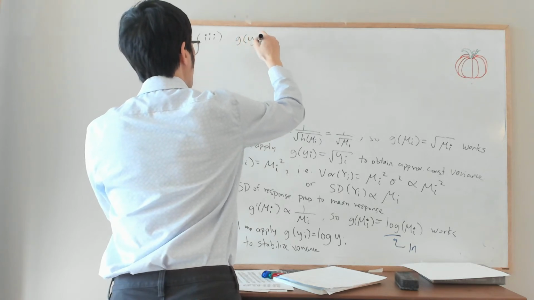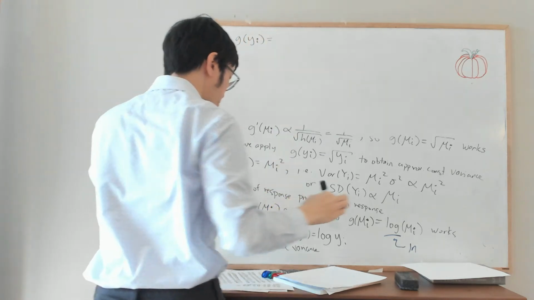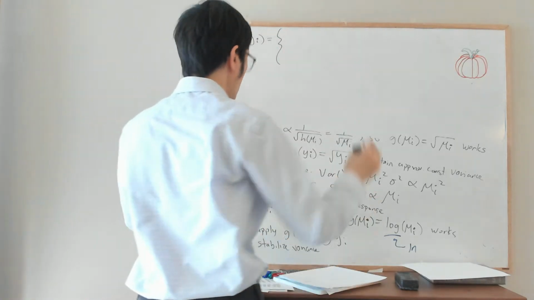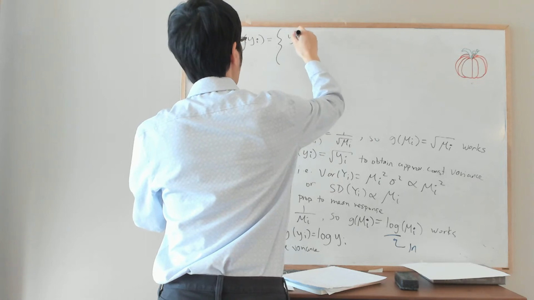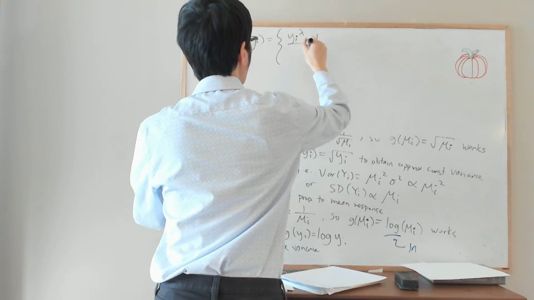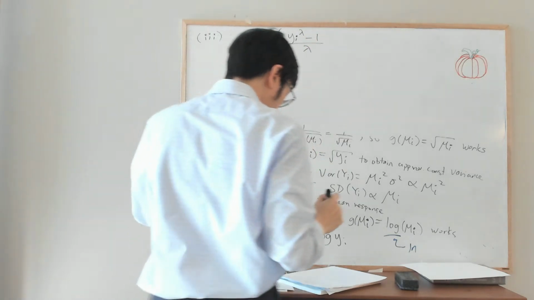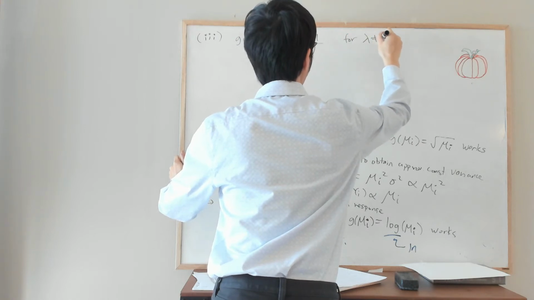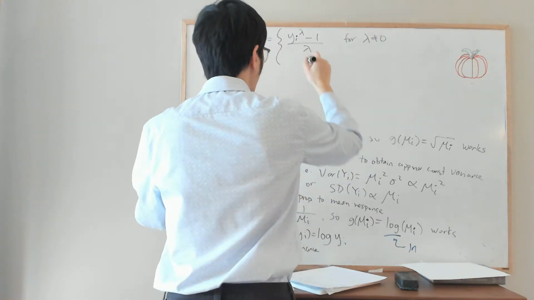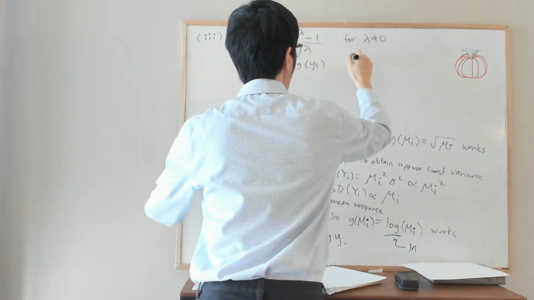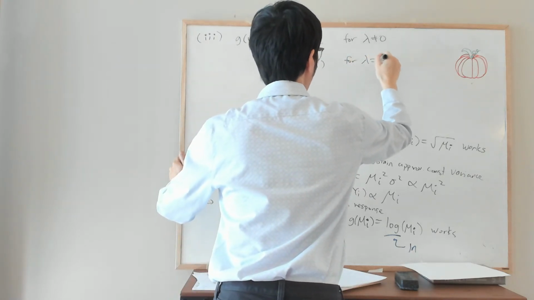The transformations g of yi are of the form yi to the lambda minus 1 over lambda for lambda not equal to 0, and log yi for lambda equal to 0.